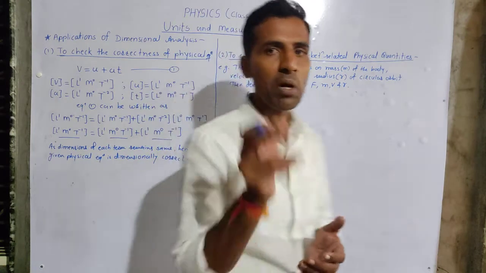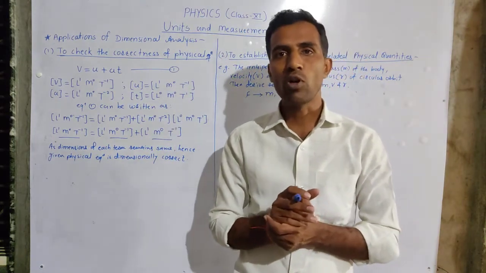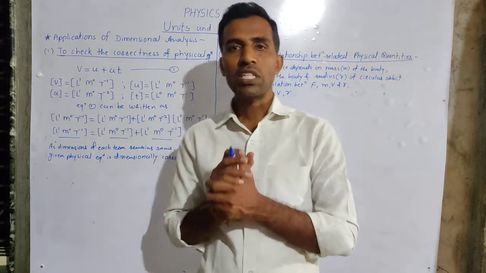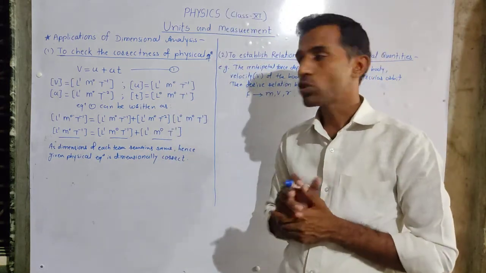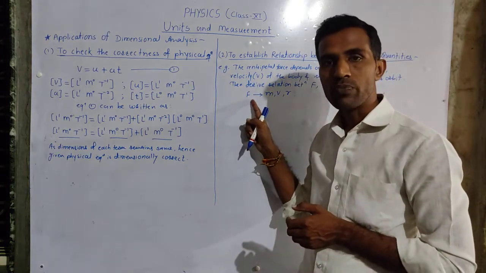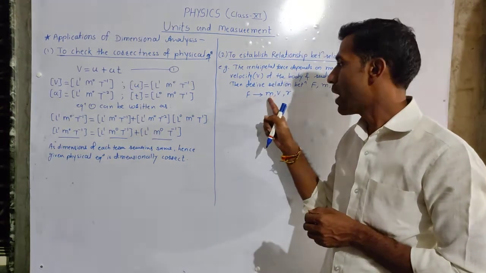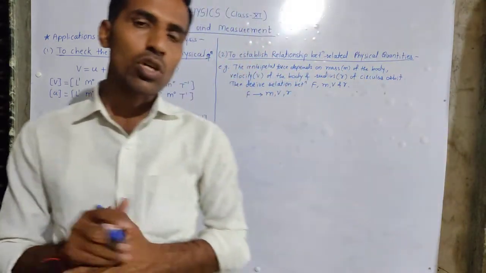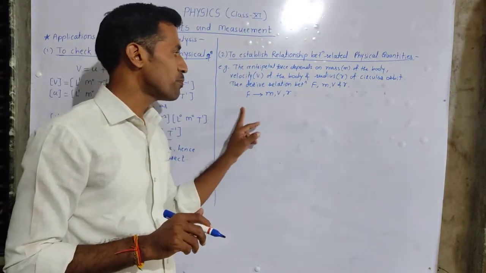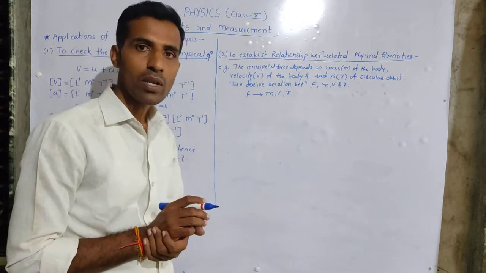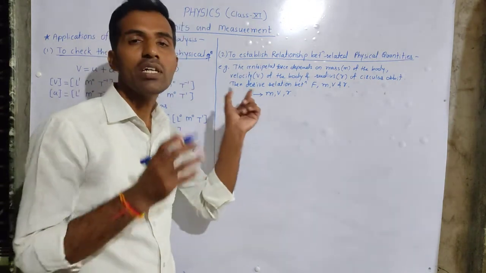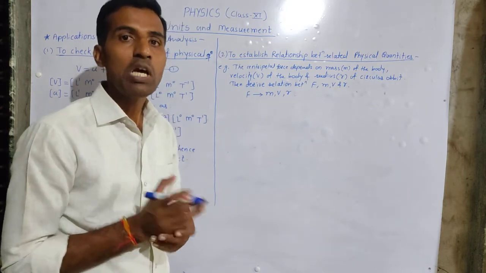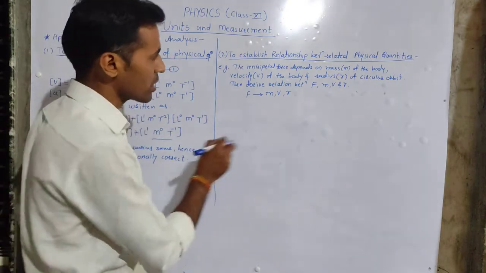If any body is performing circular motion, revolving in a circular path, then that circular motion is due to the centripetal force, and that centripetal force depends on mass, velocity and radius of the circular orbit. So what is the actual relation between force, mass, velocity and radius? Is there multiplication, division, power, root?